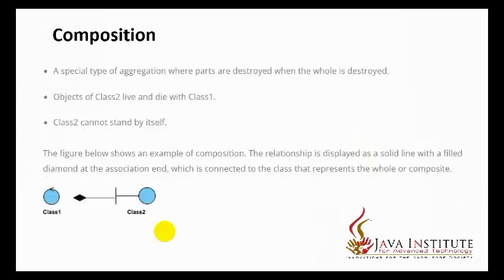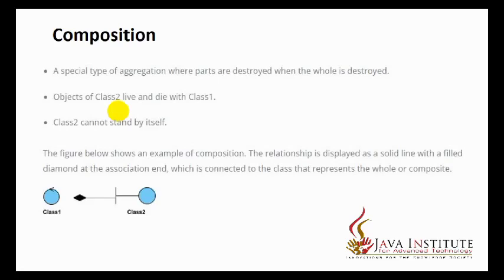But in composition, it is the opposite, which means both classes depend on each other. You can see this is the symbol we use for composition. As an example, a library normally contains books. If books are not in the library, it never becomes a library, it's only a building. So one part depends on the other part and the other part depends on the first, like that.